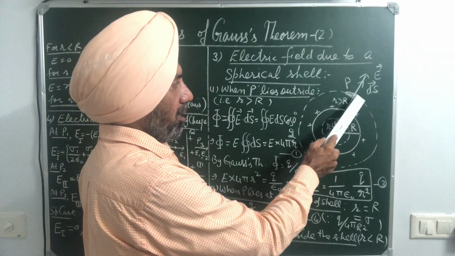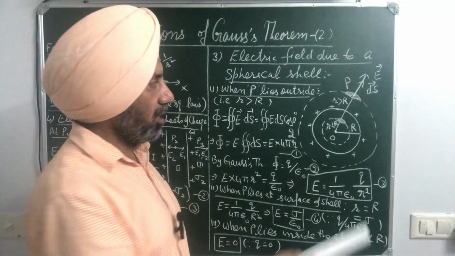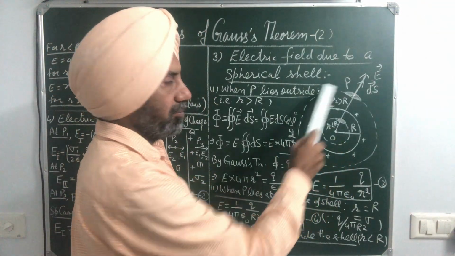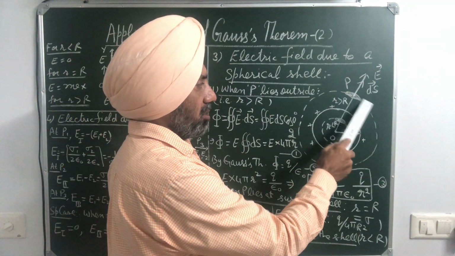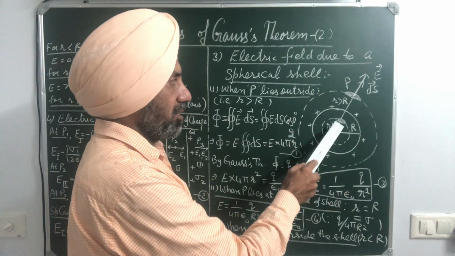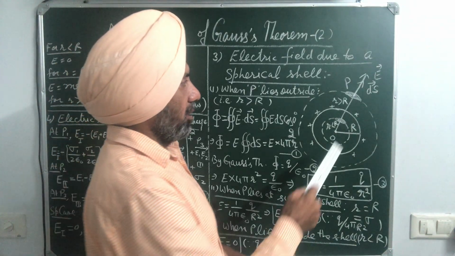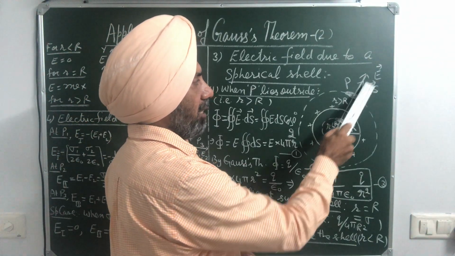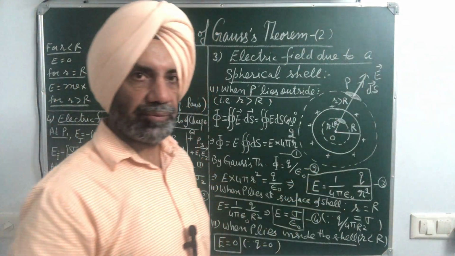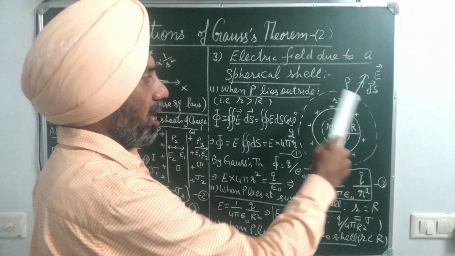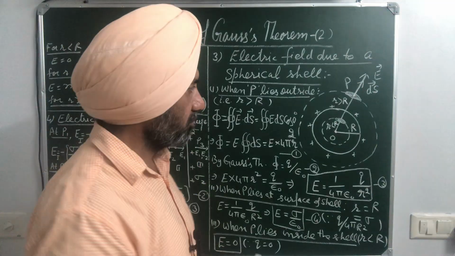Now consider a spherical Gaussian surface outside the shell, that is, the radius of this outer Gaussian surface is greater than the radius of the given spherical shell. Then electric field E and ds vector will be in the same direction, that is radially outward, as electric lines of force are always normal to the charged surface.